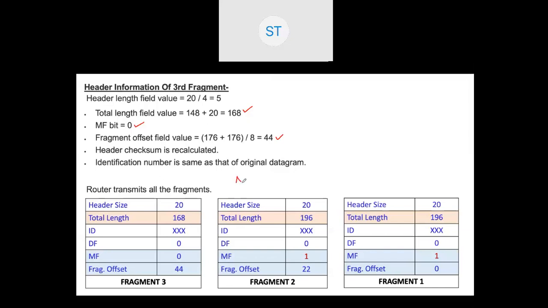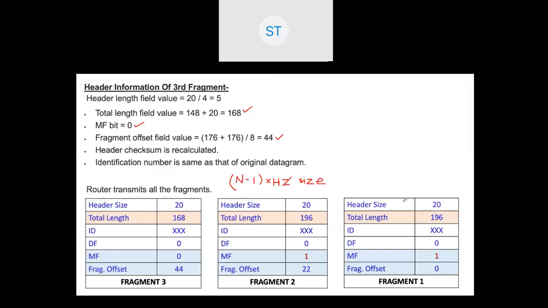If fragments are n, n minus 1 into header size is the overhead. If 3 fragments, 2 into 20, 40 is the overhead. Depending upon the number of fragments, n minus 1 into header size is the overhead in the fragmentation.